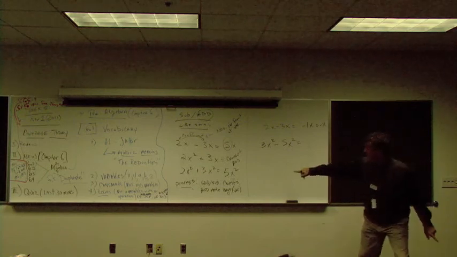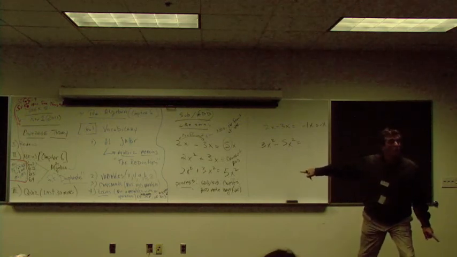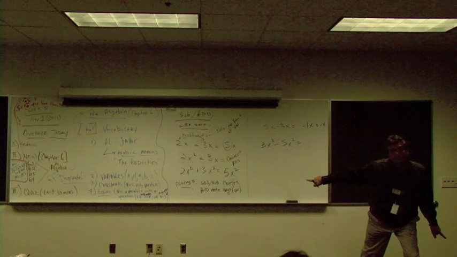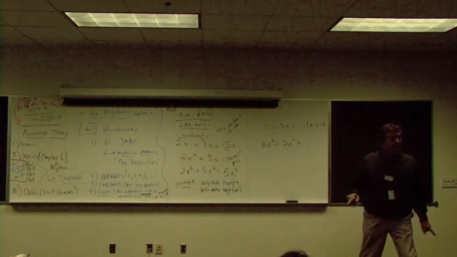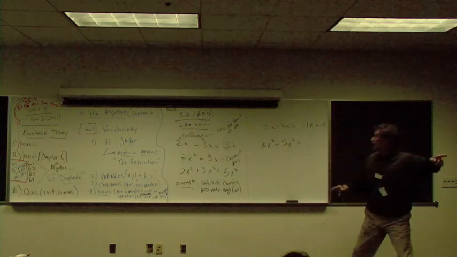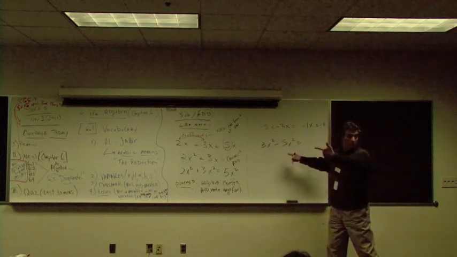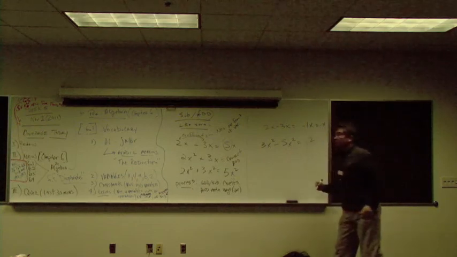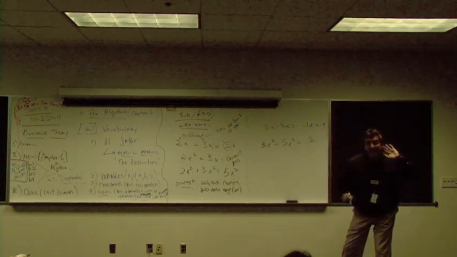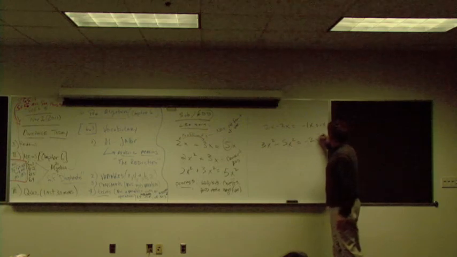Okay, remember what the process is. Add or subtract coefficients, and take the bags. What's 3 minus 5? -2. -2. Thank you, Megan. And take the bags. X squared.